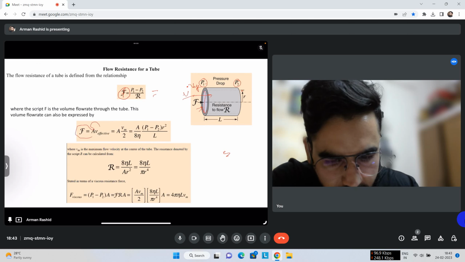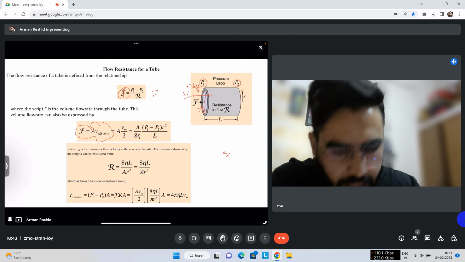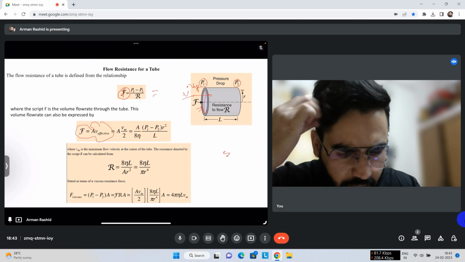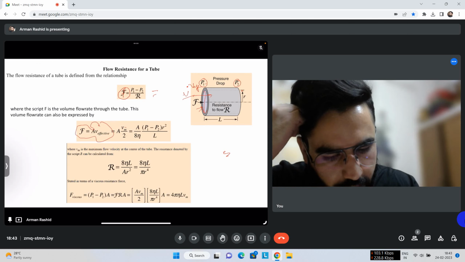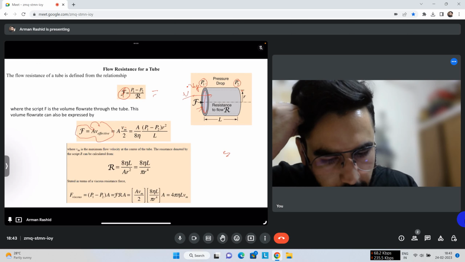Here the effective velocity we have determined as the maximum velocity divided by 2. Now we know how Vm is related to the pressure, so we'll put the value of Vm, that is P1 minus P2 times R square divided by L.